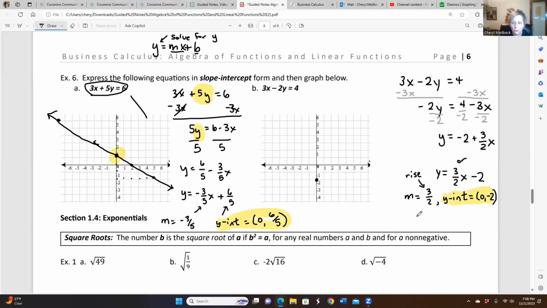So we're going to rise 3, and then run 2. Rising 3 would put us up here at 1. We want a positive slope, so we're going to run 2 to the right. We can rise 3, run 2, and do that a couple times to get a good idea of what our line looks like. And then graphing our line should look something like that.